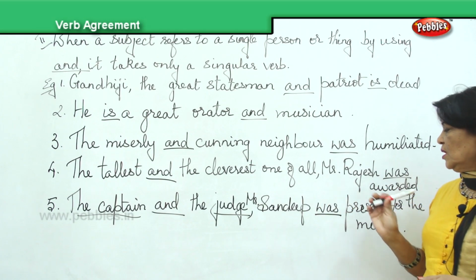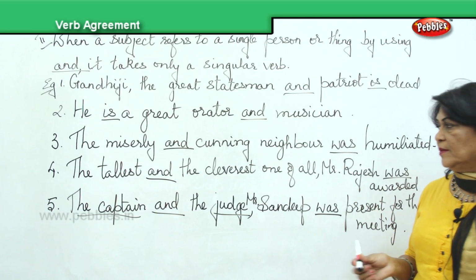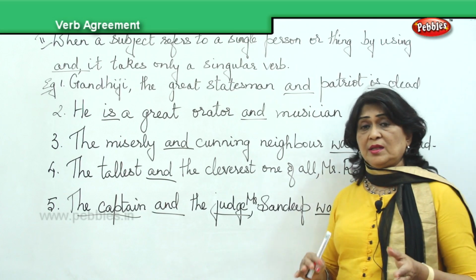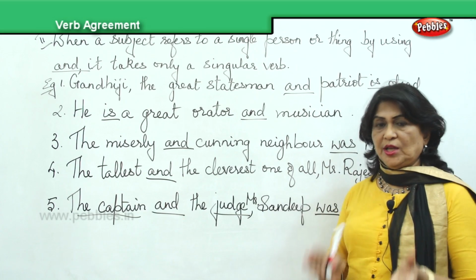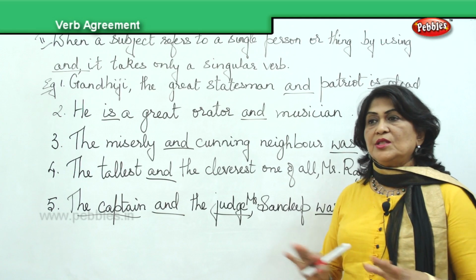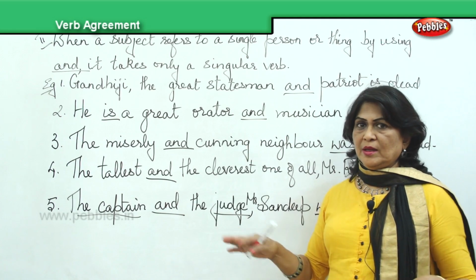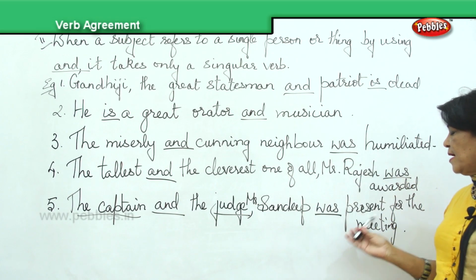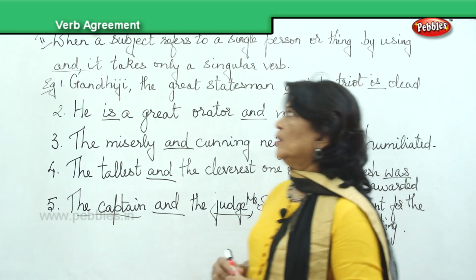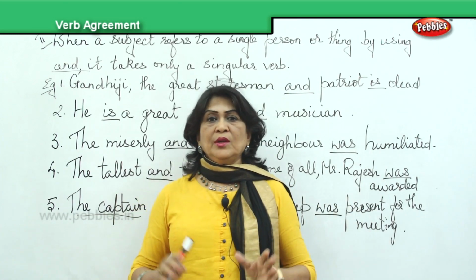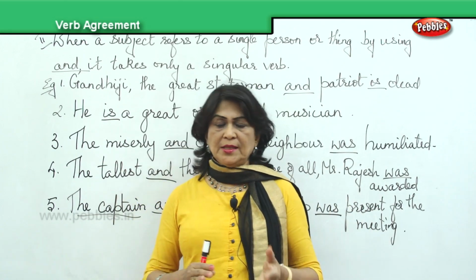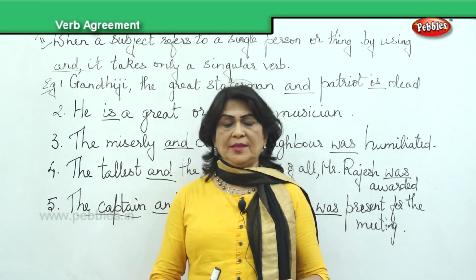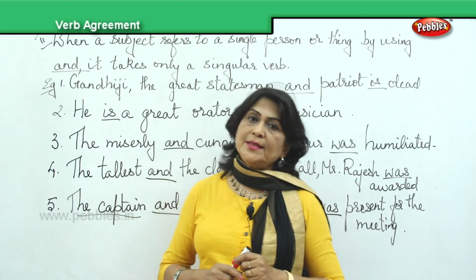Mr. Rajesh, and he was awarded. The captain and the judge: not only is he a captain but also a judge, that is, he resolves disputes among the crew. The captain and the judge, Mr. Sandeep, was present for the meeting. Okay, so this is rule number 2. When we talk about two things or two different qualities but refer to a single person, then we use only the singular verb.